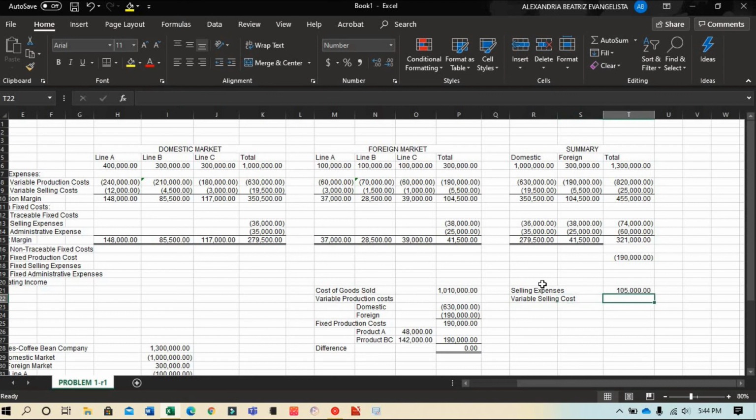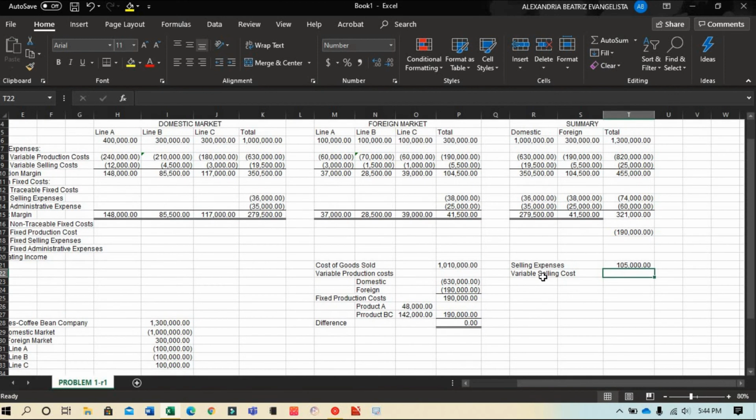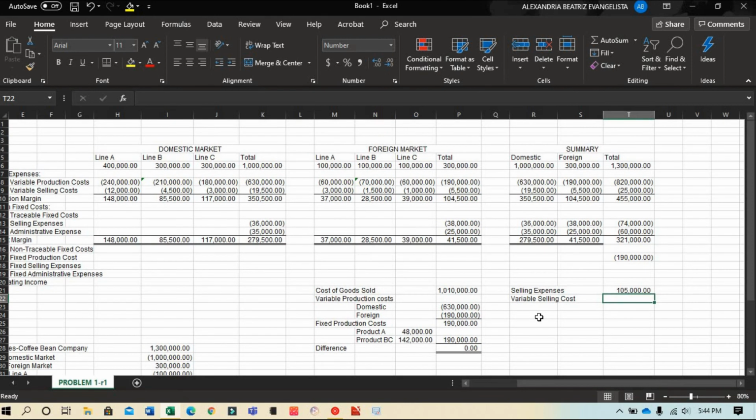If you're going to ask me, why are we going to deduct the variable selling cost under the selling expenses and not in the cost of goods sold? Well, it is a selling cost. It does not form part of the cost per unit of a product, so it's definitely under the selling expenses. So we're going to deduct that.